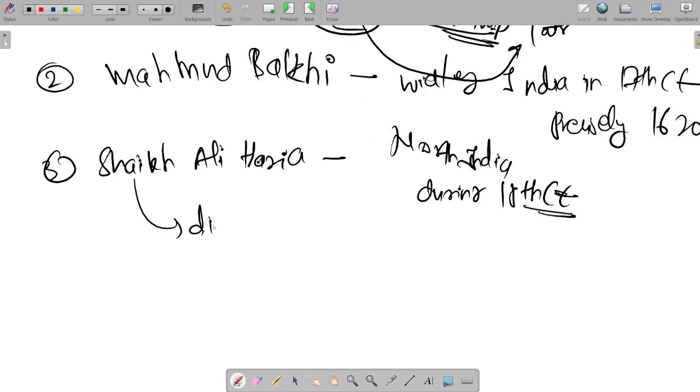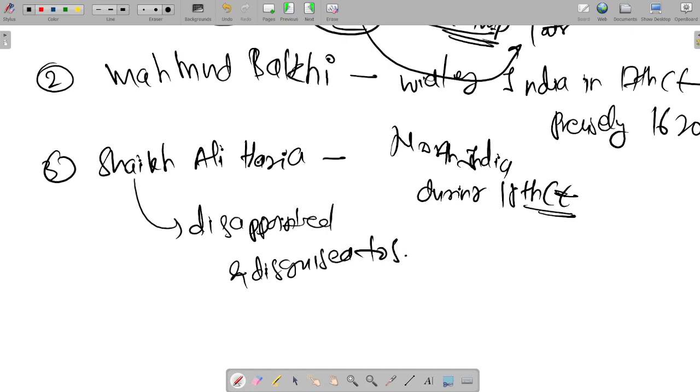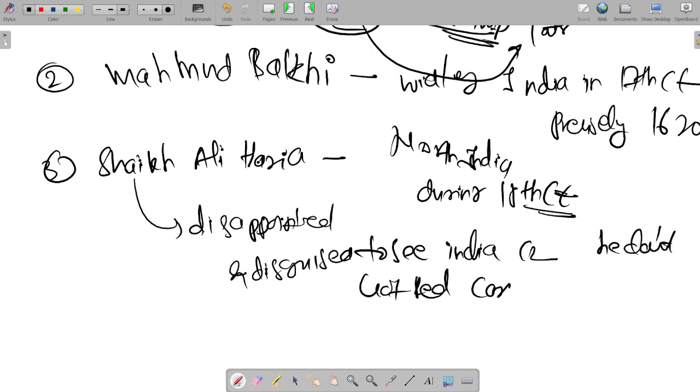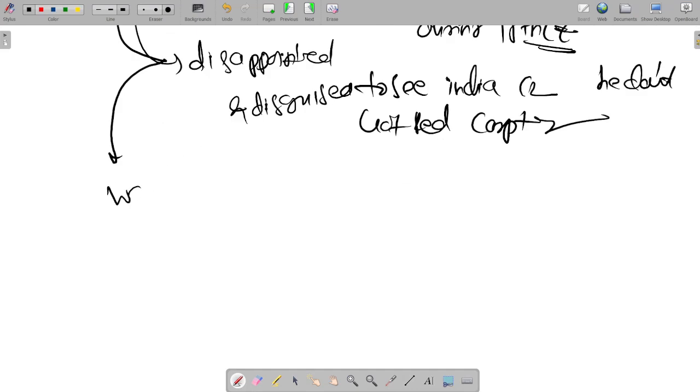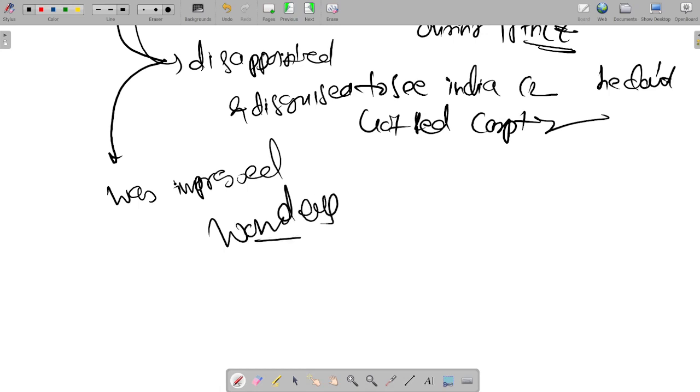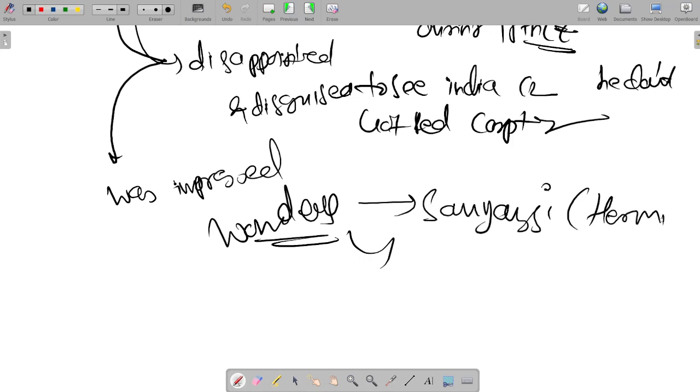He was disappointed and disguised to see India because he didn't get red carpet treatment. But travelers like Mahmud Balkhi were impressed and found India as a land of wonders. This showed the difference, and he too became a sannyasi, a hermit for some time.